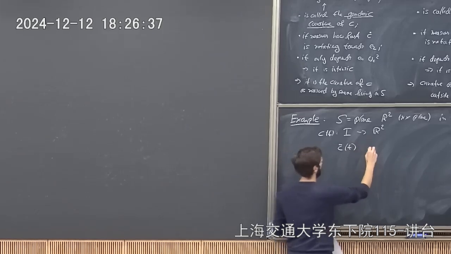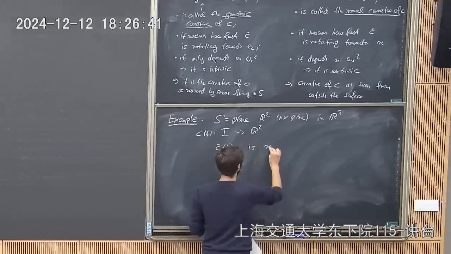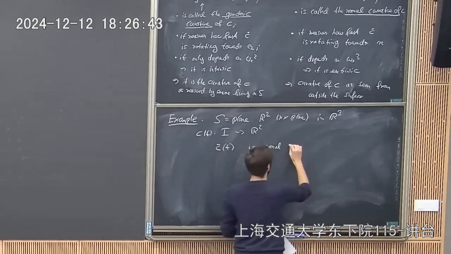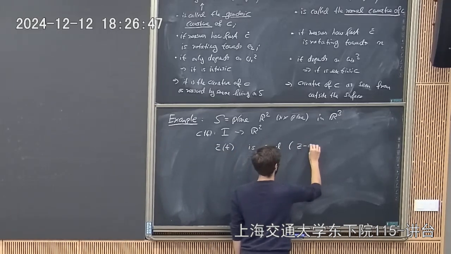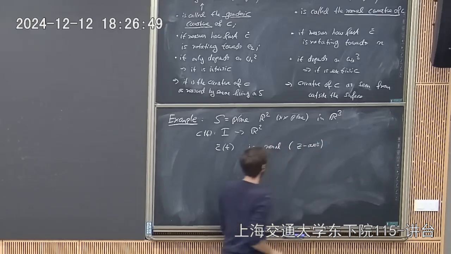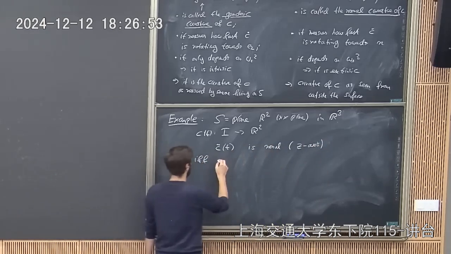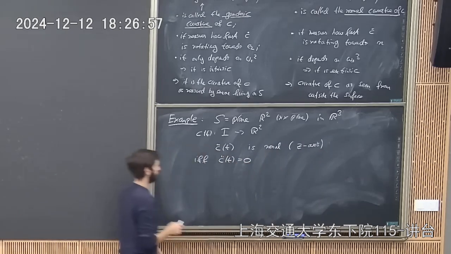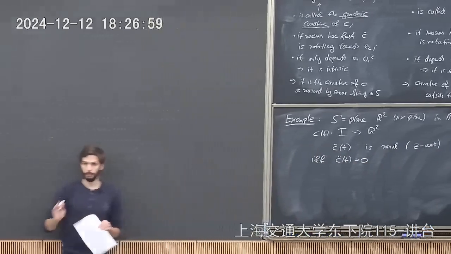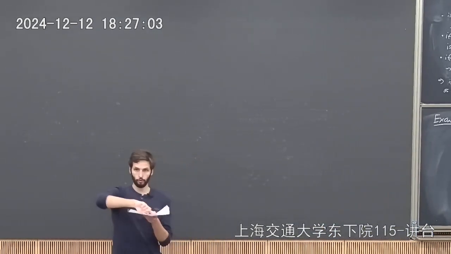So that being normal, which in this case is just like the z-axis, if and only if C double dot of t actually is 0, because there will never be a normal direction, because it's just a curve that moves here.